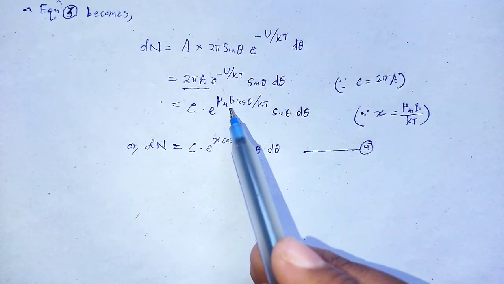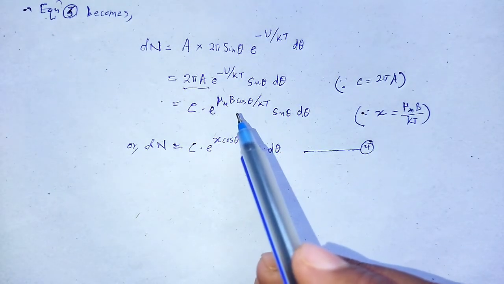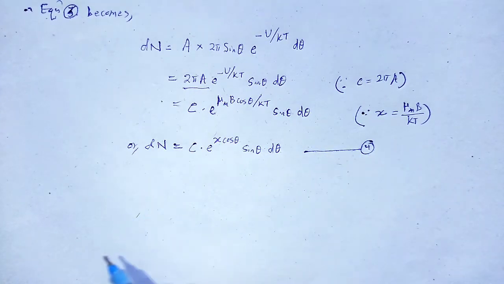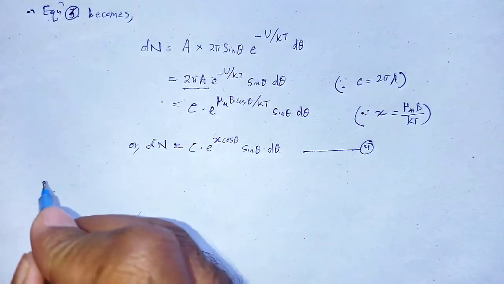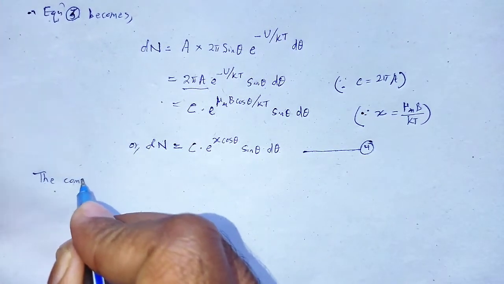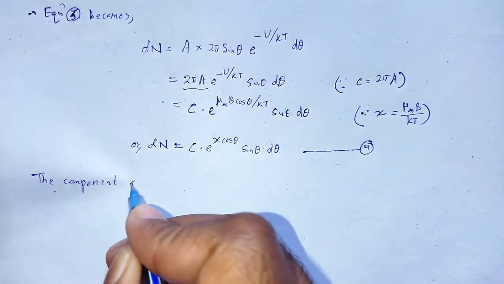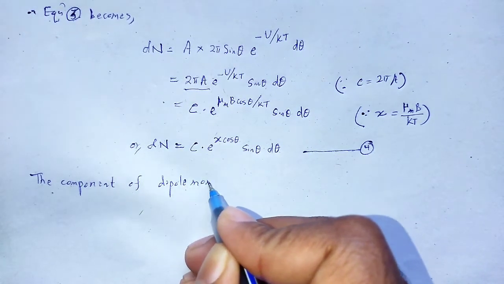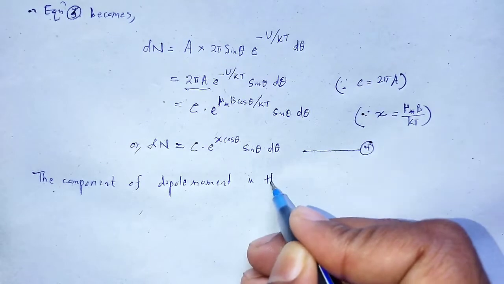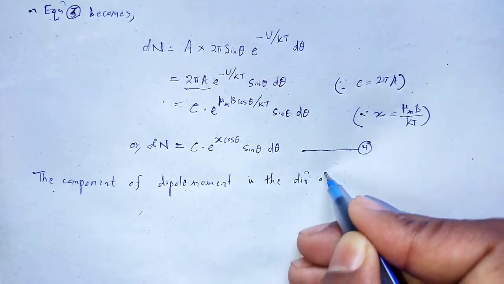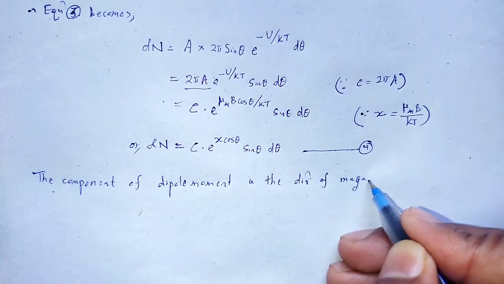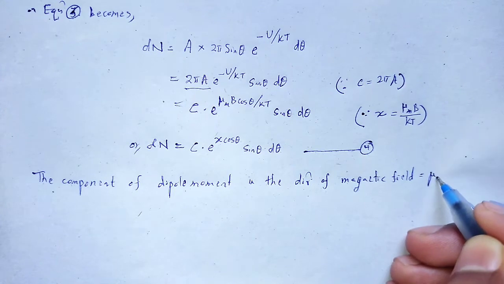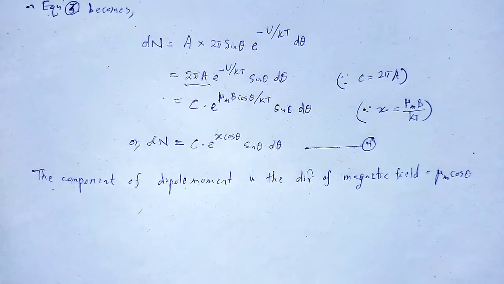So mu m cos theta, that is the dipole moment in the direction of the magnetic field, mu m cos theta. The component of dipole moment in the direction of the applied magnetic field is equal to mu m cos theta.